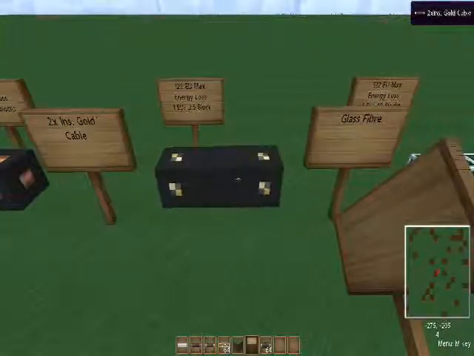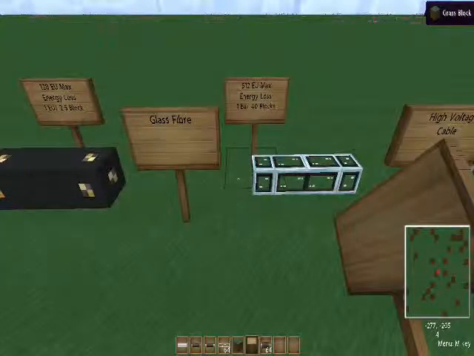So, next up we have the glass fiber. It is the most efficient carrier of EU that we have. It carries 512 EU max with an energy loss of 1 EU per 40 blocks traveled.